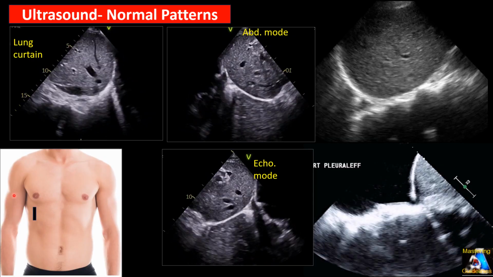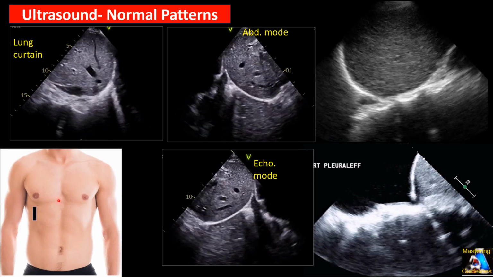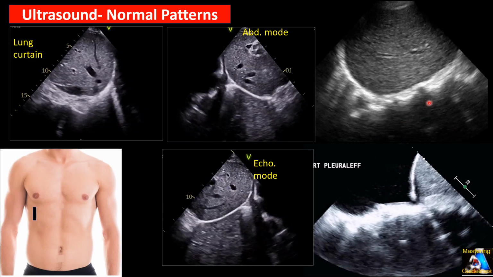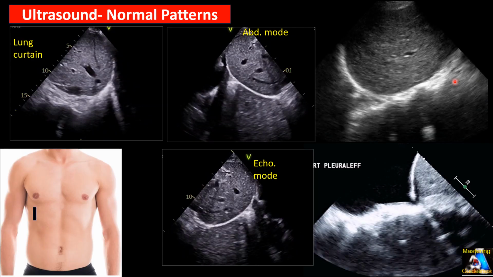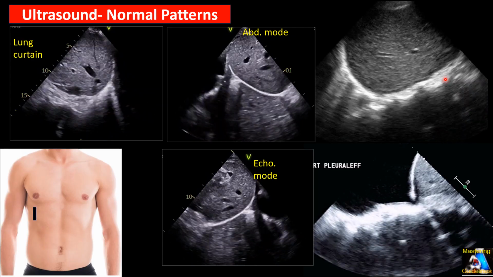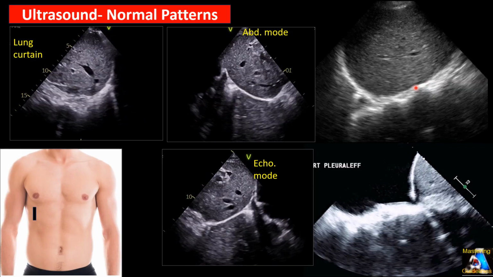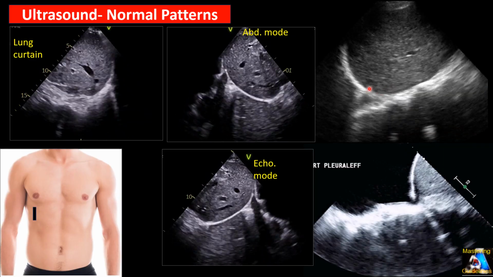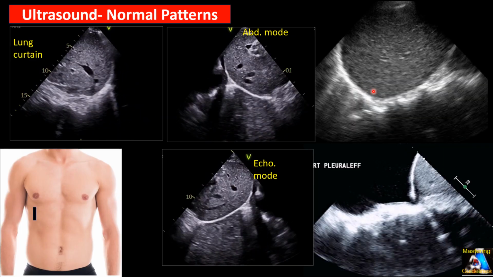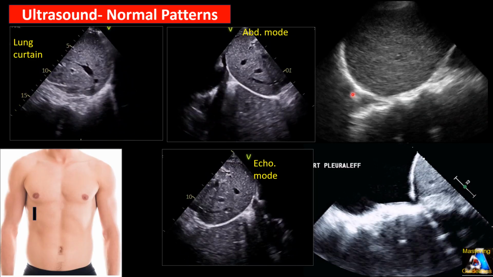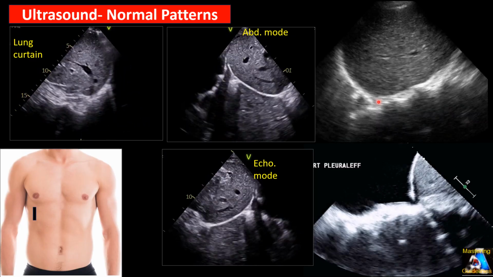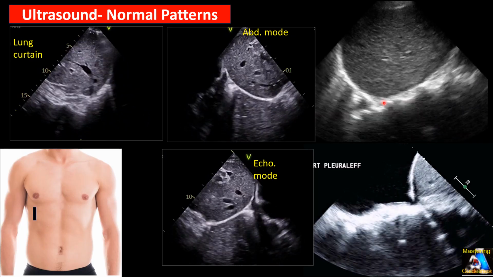Since on the lateral we point to the midline, at that level the sound can travel and hit the surface of the vertebra, and we can see the vertebral bodies here, 1, 2, 3, 4. Above the diaphragm, at the cross section of the diaphragm and the vertebra, we shouldn't see any structure.